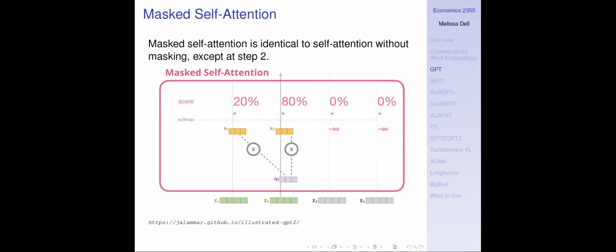Essentially, any token that is ahead in the sequence that you can't see, before you get to the softmax, you change its dot product from whatever it is to negative infinity, and then you take the softmax, and that means you've essentially put 0 attention on anything further along in the sequence, which is equivalent to not being able to see it.